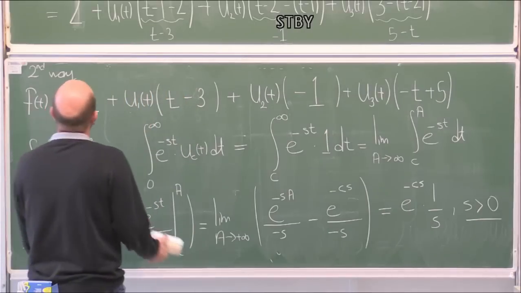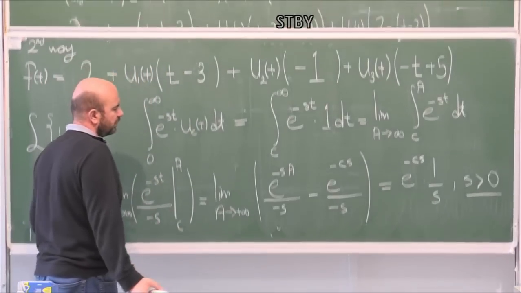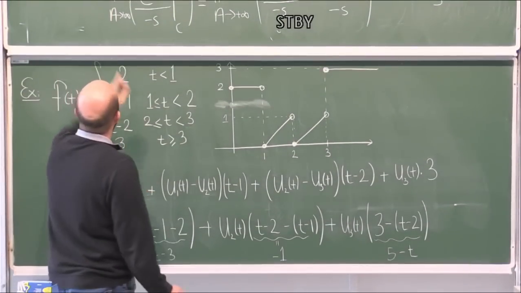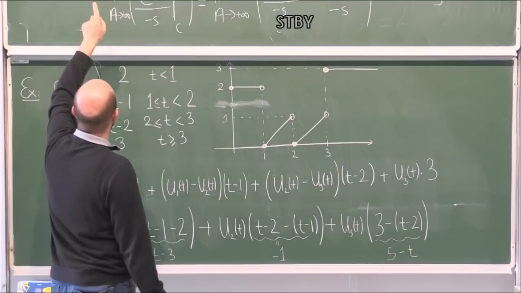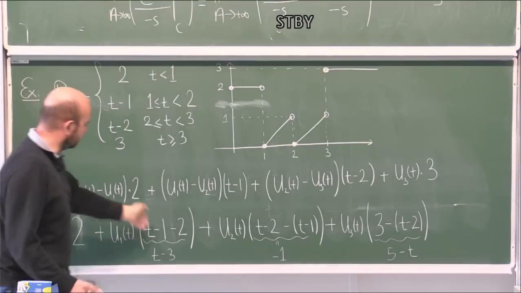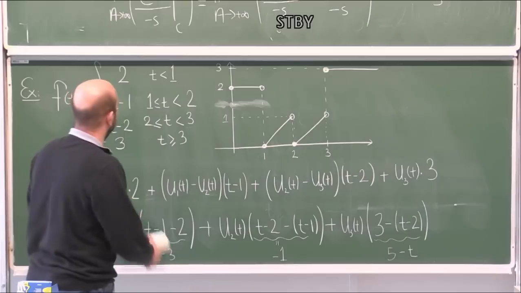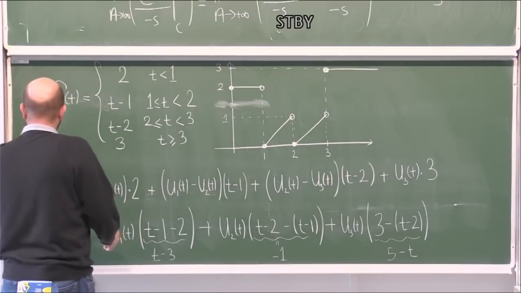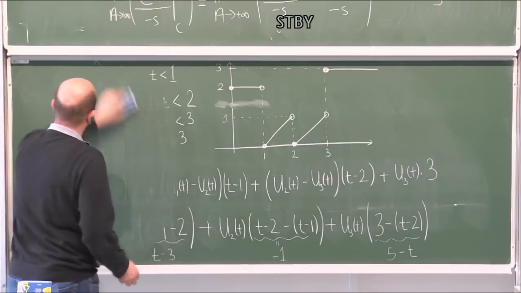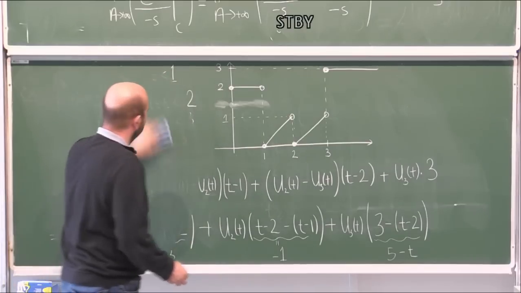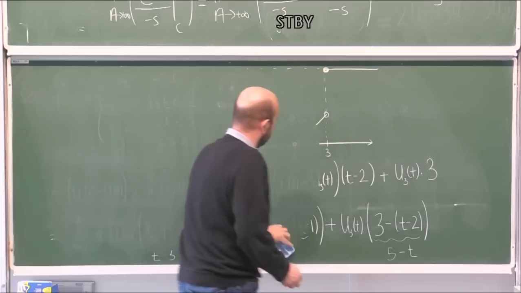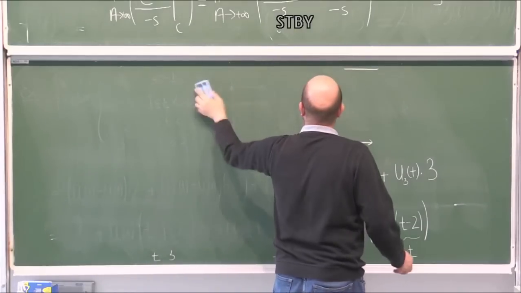Now, how about the other case? If your function is not constant 1, but a function like t minus 3 or t minus 2 or any other thing, then how am I going to compute the Laplace transform of the function times the unit step function.